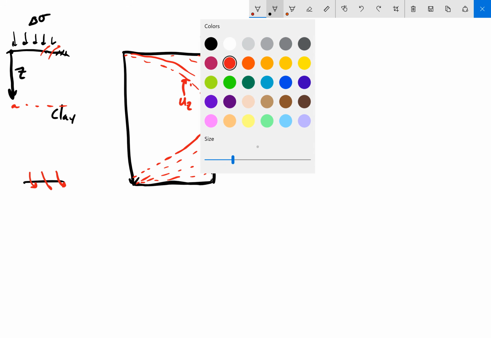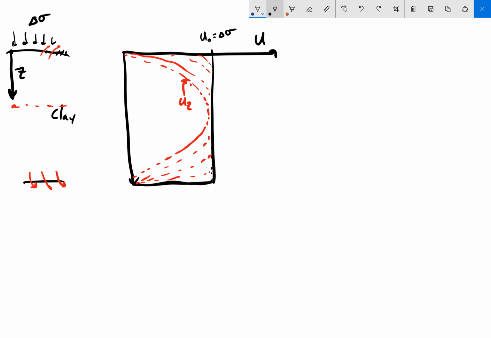Now, if I just focus on one particular depth, say this is my depth of interest, and I say at some time equals t, when this U sub Z line reaches 0, that means the soil is 100% consolidated.